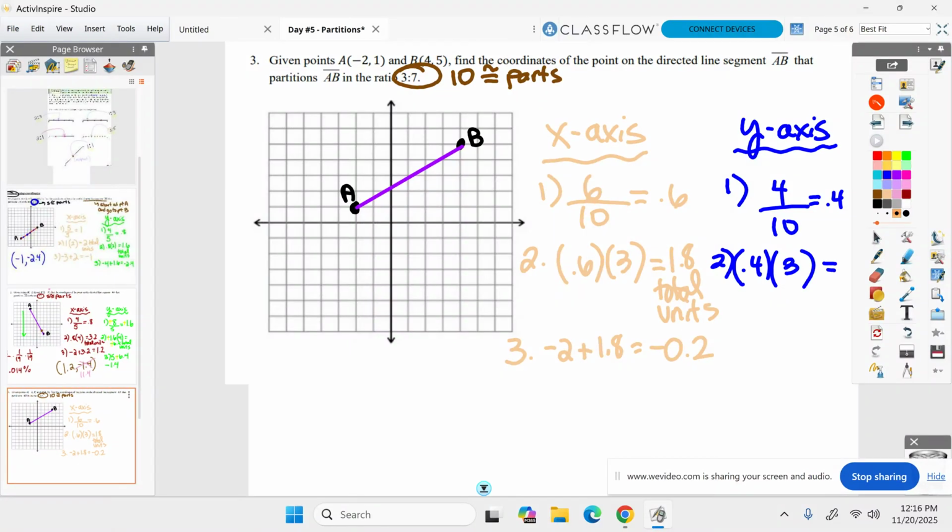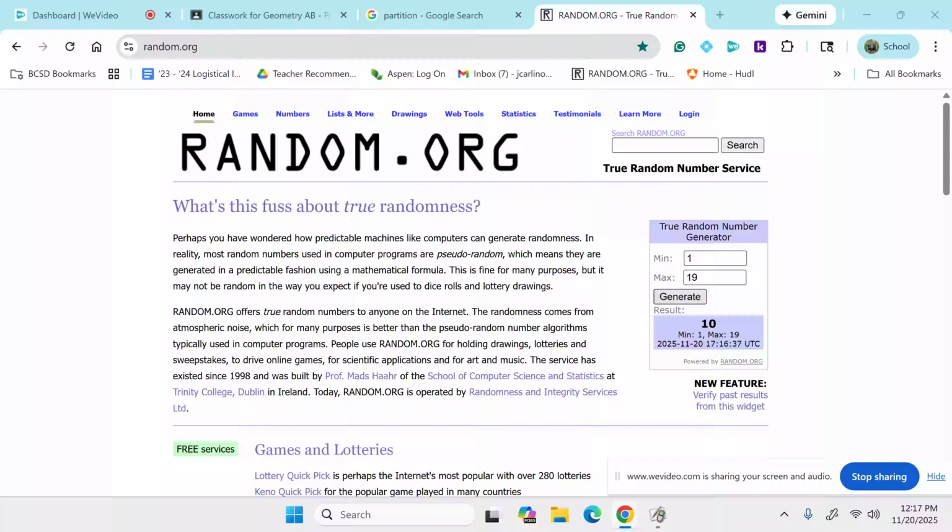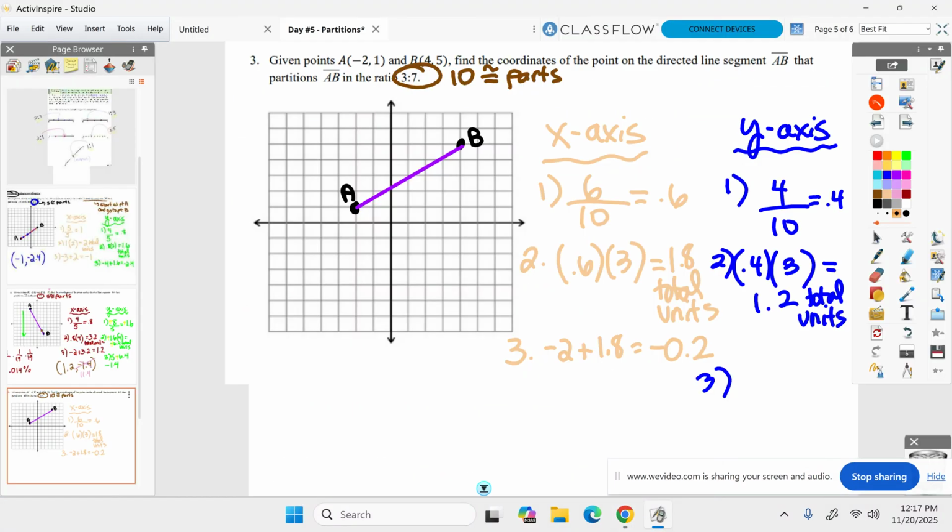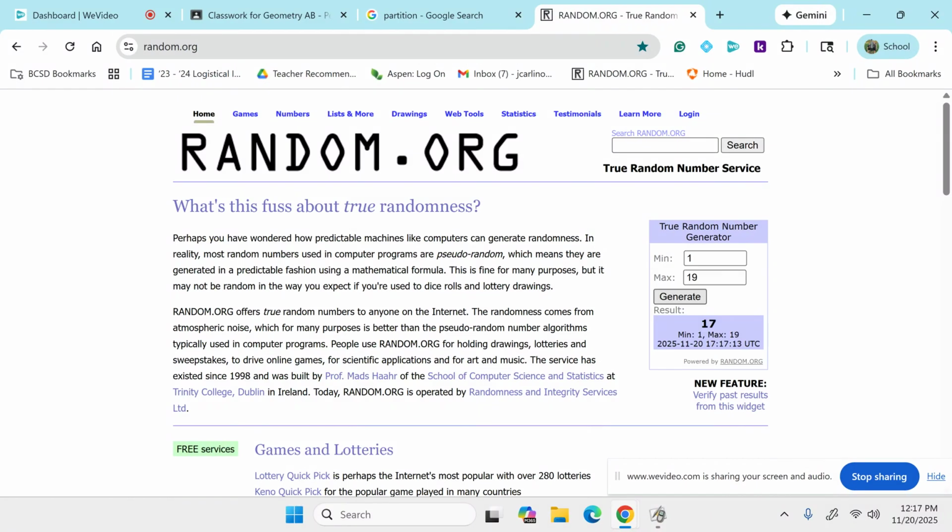And that's going to be 1.2 total units. And somebody finish this now. What was my starting y coordinate? Amelia, starting y coordinate? 1.